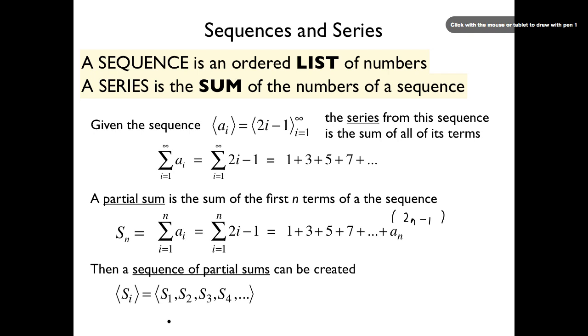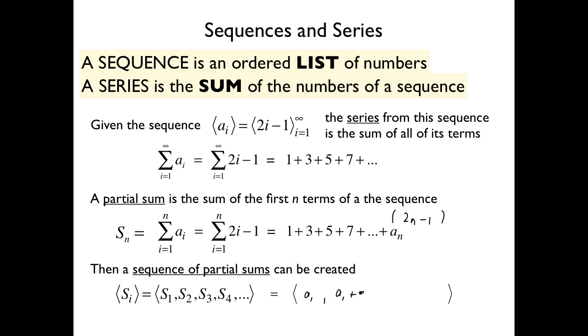The second partial sum is the sum of the first two. The third partial sum is the sum of the first three. Each time you go to the next one in the list, you add one more term of the sum. And this makes a sequence, the sequence of partial sums. The first term is A1.